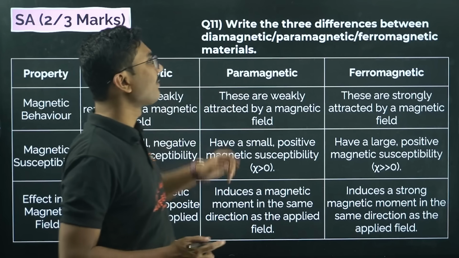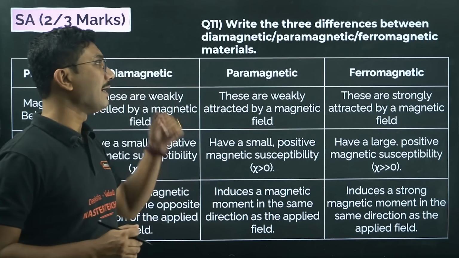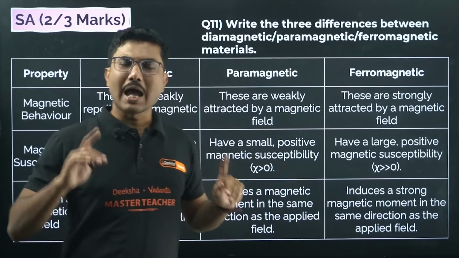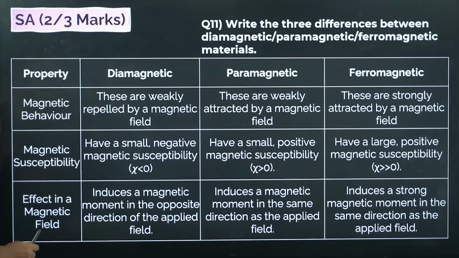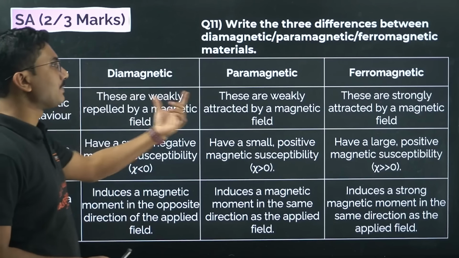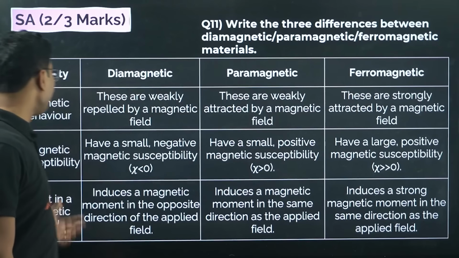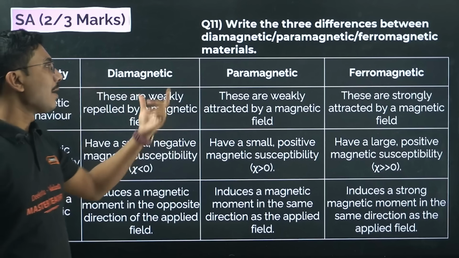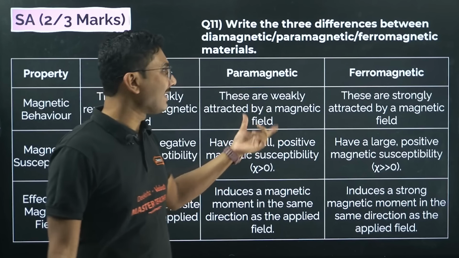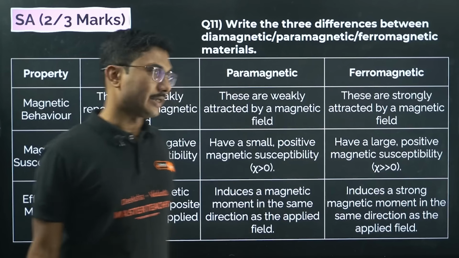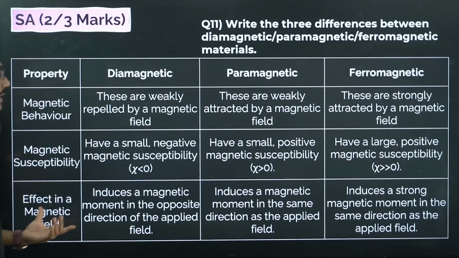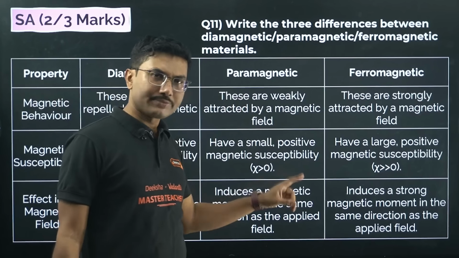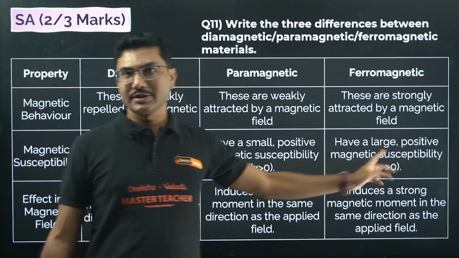Next is, write three differences between diamagnetic, paramagnetic, and ferromagnetic substances. Any two of them will come. How to remember it? You have to remember the properties and the respective answers. For example, for magnetic behavior, diamagnetics are weakly repelled, paramagnetics are weakly attracted, ferromagnetics are strongly attracted. Now what about magnetic susceptibility? They have a small negative susceptibility, a small but positive susceptibility, and a very large susceptibility.